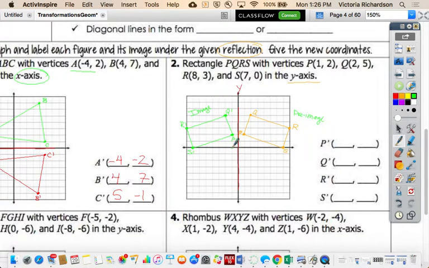I have to go 1 to the left, so that's -1, and I'm going to go up 2, so I'm going to write a +2 for Y. Q prime, 2 to the left, and up 1, 2, 3, 4, 5. So since I went 2 to the left, that's -2, and my Y is +5. R prime, I went 8 to the left and up 3, so that's -8 and +3. S prime is -7 and 0.